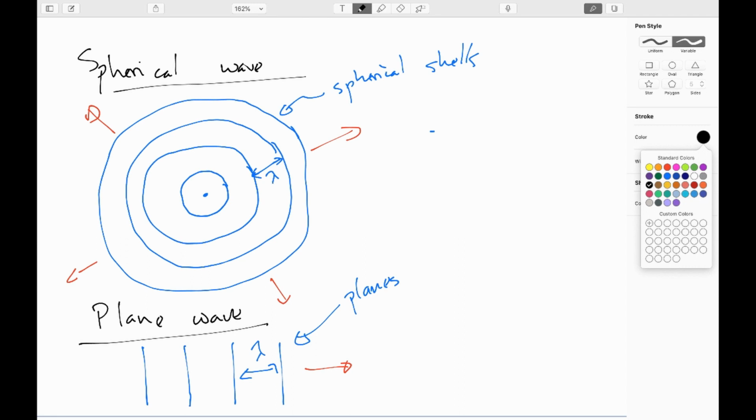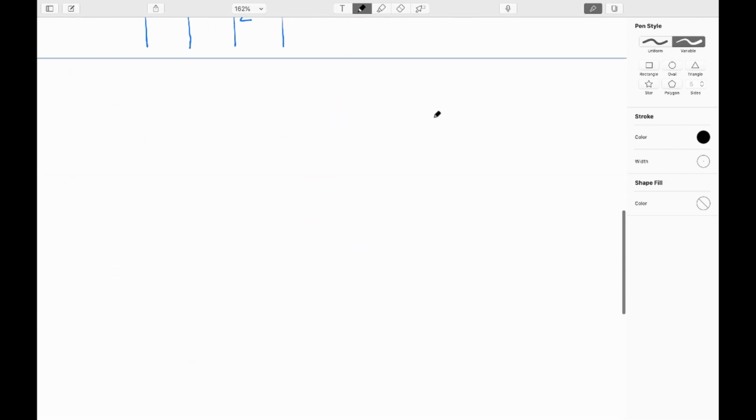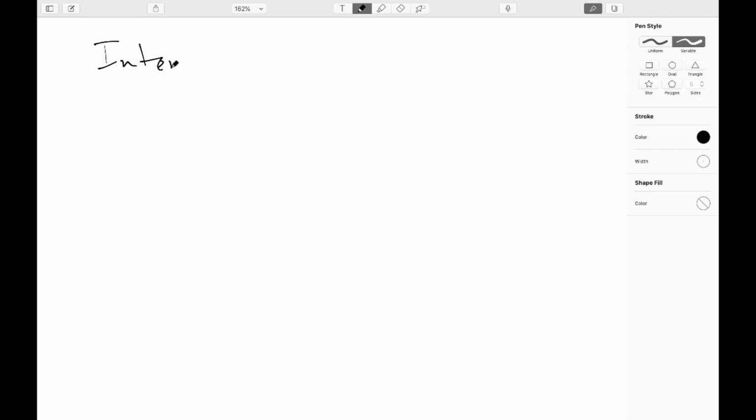So getting on the way to thinking about how to characterize, at least just even how loud something sounds, we can start by defining the intensity of a wave.